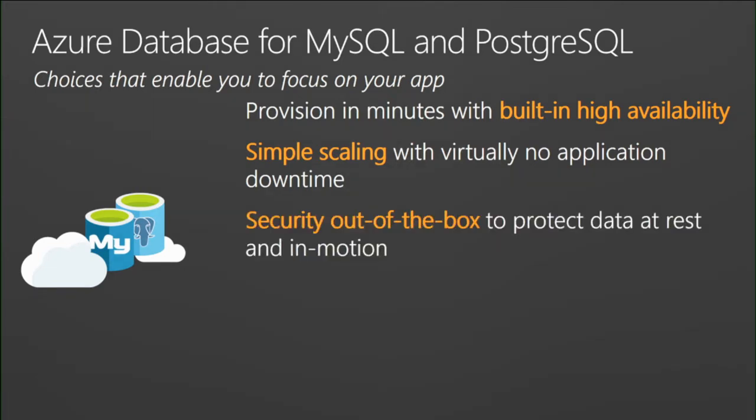And then we have security out of the box. That means all the data on the disk, including the backups, is encrypted on storage by default, and we do not have options for you to disable it. So it's always encrypted on disk. And also, we have client connections coming to the database by default enabled with SSL.